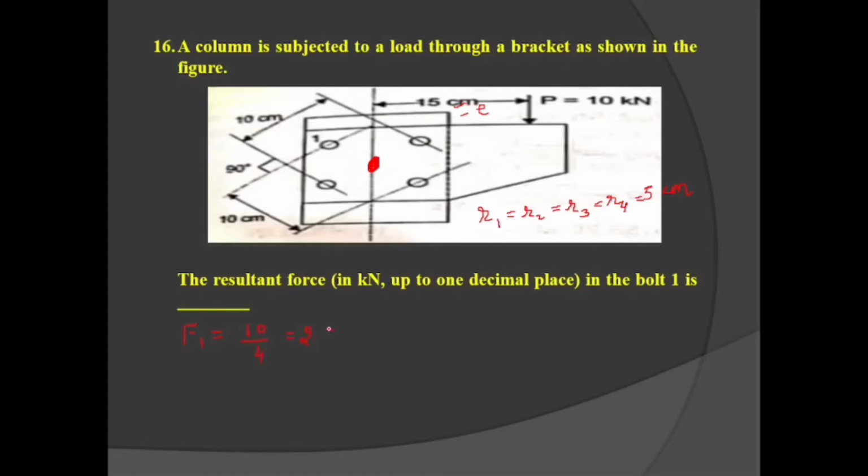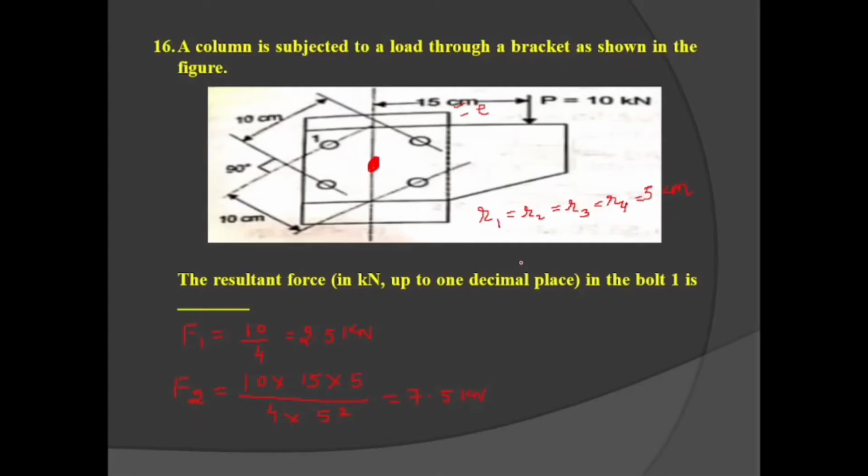This is also the in-plane eccentric welded riveted connection. Now force in the bolt due to moment, F2, is equal to P into E into radial distance divided by the sum of all radial distances square. 4 times radial distance square is 5 square. So this value is equal to 7.5 kilonewton.